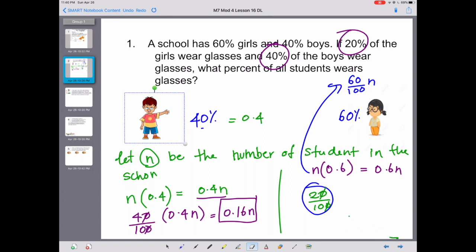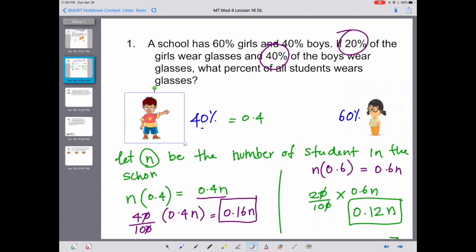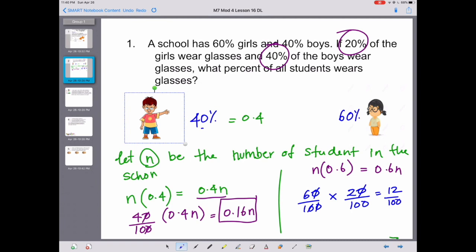Okay, let me undo. Now I'm going to erase this. So I'm going to use that 60% as a fraction. 60% of 20% would give me 6 times 2 is 12, divided by 100 would also be 12 hundredths.